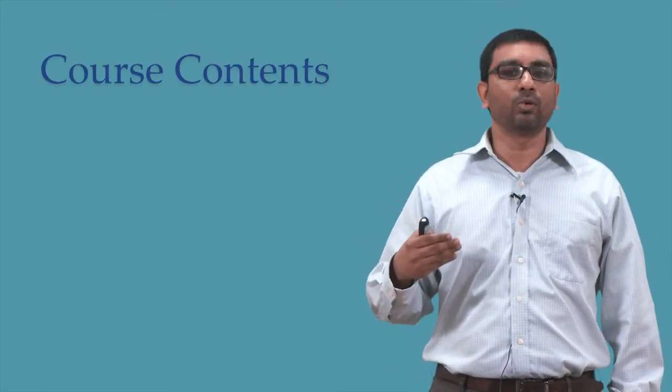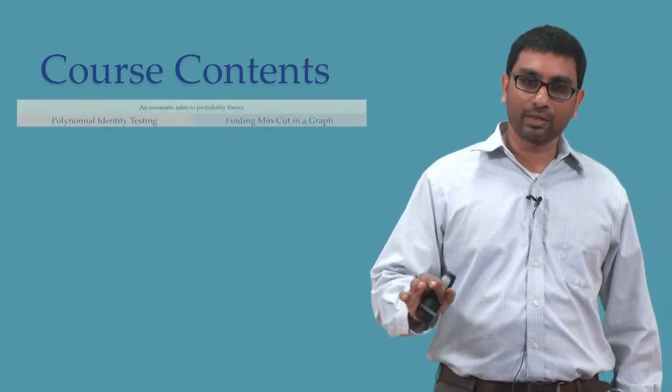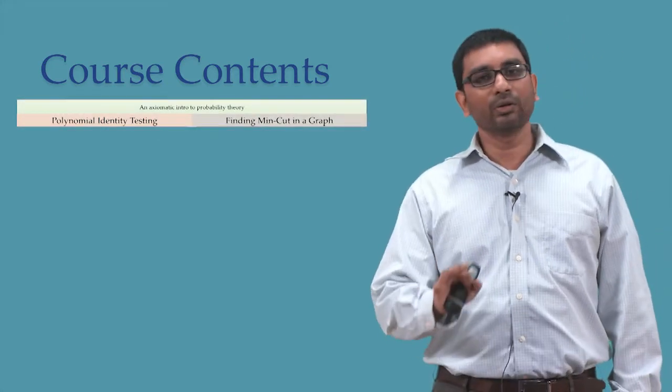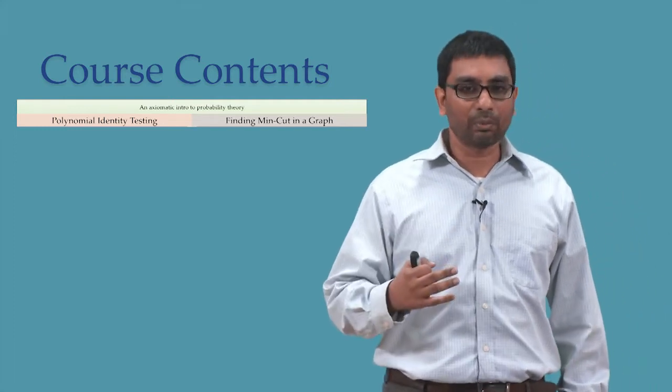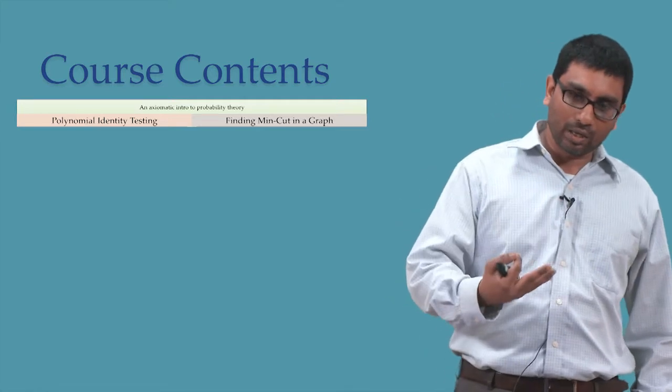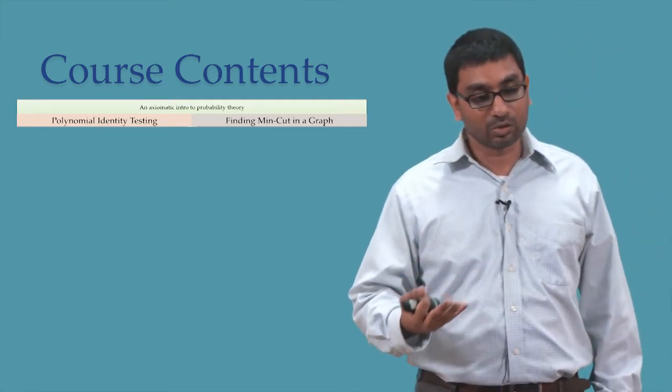So, this course is going to be a 4-week course. It's going to go through these 4 modules. The first module is going to be a brief introduction to probability theory, and every module is going to be backed up by some applications drawn from computer science, typically an application that an undergraduate student is familiar with.